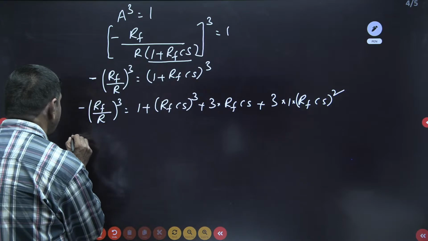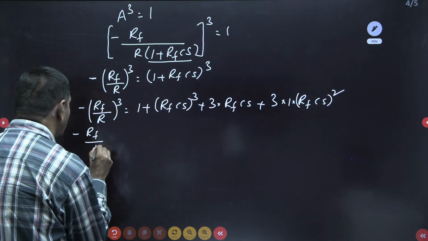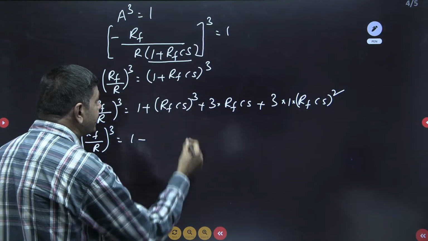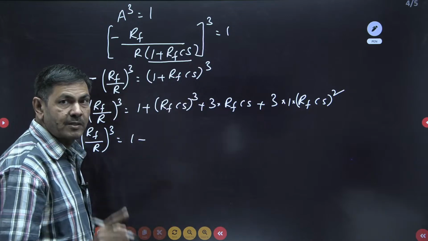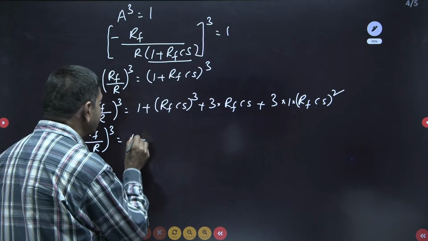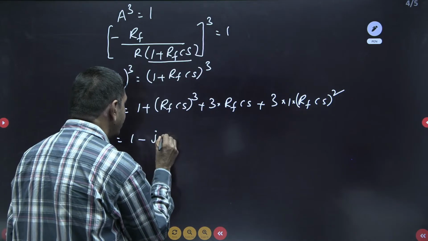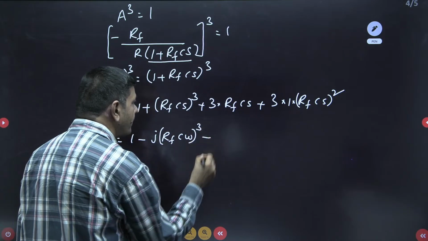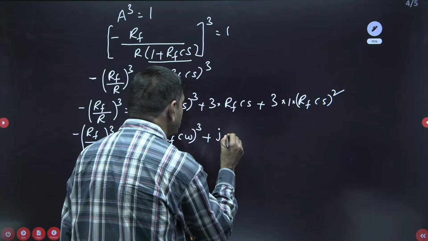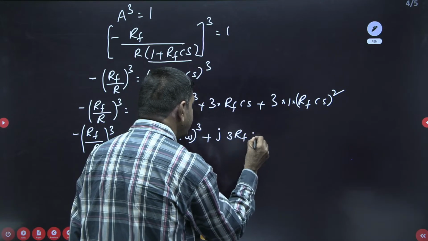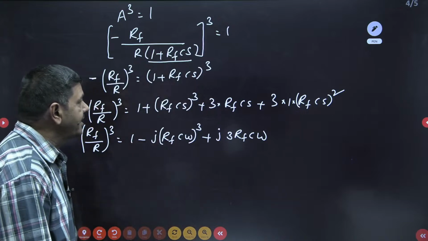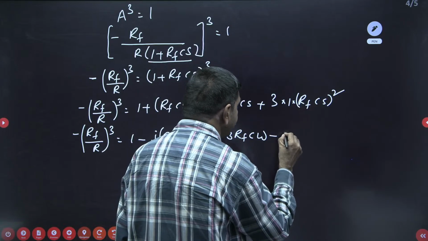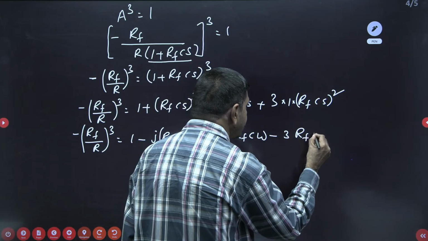Now put S equal to j omega. Minus RF by R whole cube equals 1 plus, since j square is minus 1, minus into plus minus, one j still left, RF into C omega whole cube, plus j into 3 RF C omega, plus, since j square is minus 1, 3 RF C omega whole square.